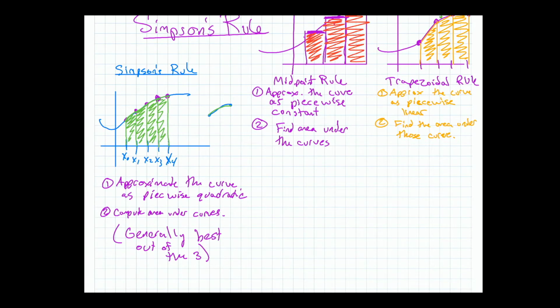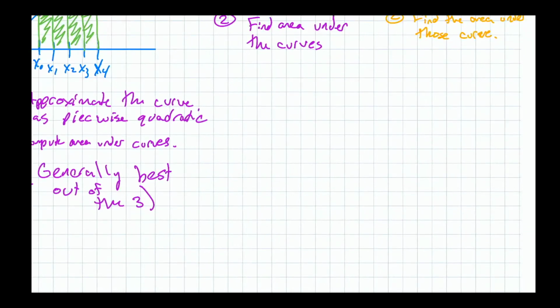Now, I'm not going to do any more derivation than what I've already done. I'm not going to derive the formula of the quadratics, it's too much trouble, but I will describe it. So the steps are as follows. Step 1, you compute delta x, same as before, b minus a over n.